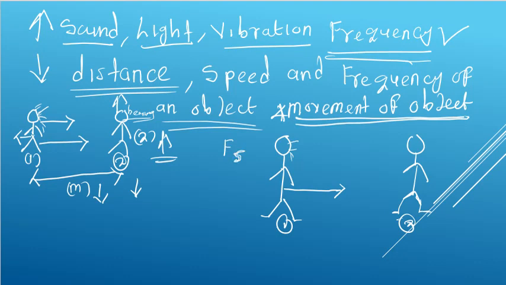Then the frequency of sound that person 2 is going to be hearing is going to be called the frequency of the observer.